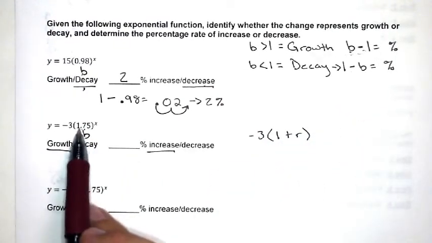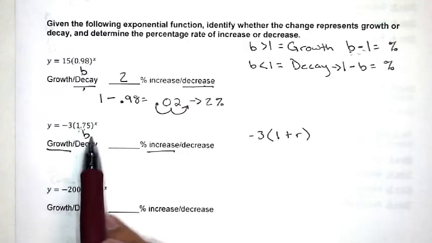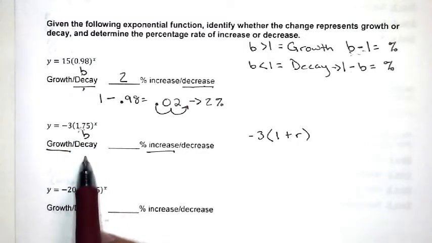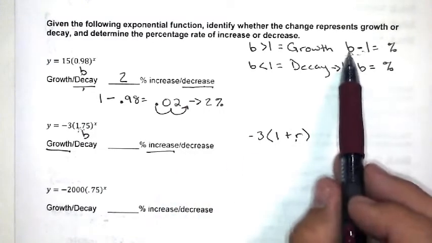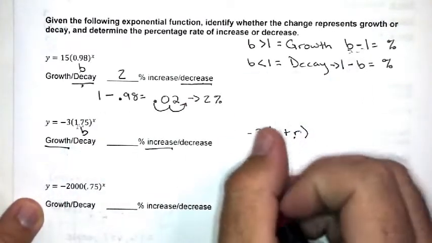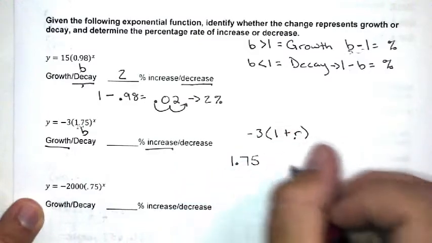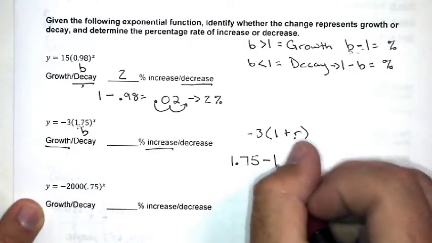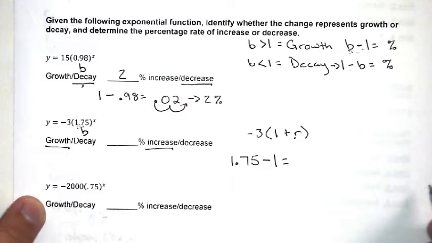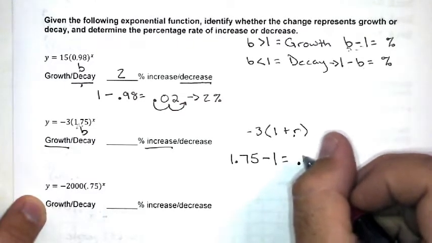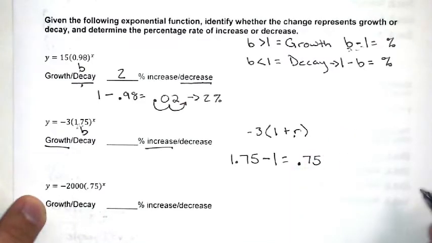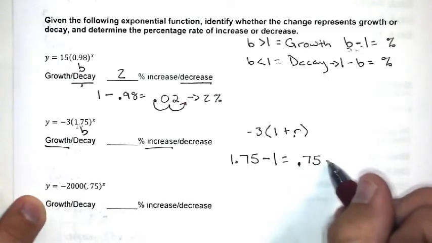What was the rate is what I'm trying to find. To find the rate, you do the b value, 1.75, minus 1 to find the difference. What's the difference between these two? 0.75, right? So I need to convert this to a percent. So I move my decimal 2 places to the right to get a 75% increase.